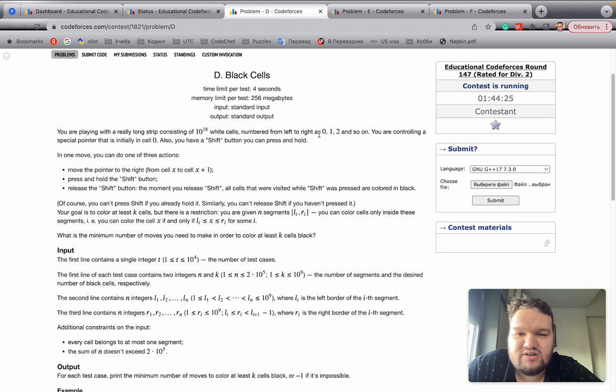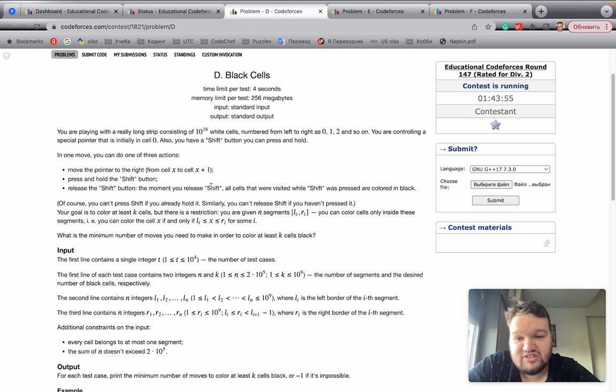They're numbered starting from 0 left to right, and we control a special pointer in cell 0, and a shift button that you can press and hold. There are 3 actions: move the pointer to the right, press and hold the shift button, and release the shift button. So you can start holding and release.